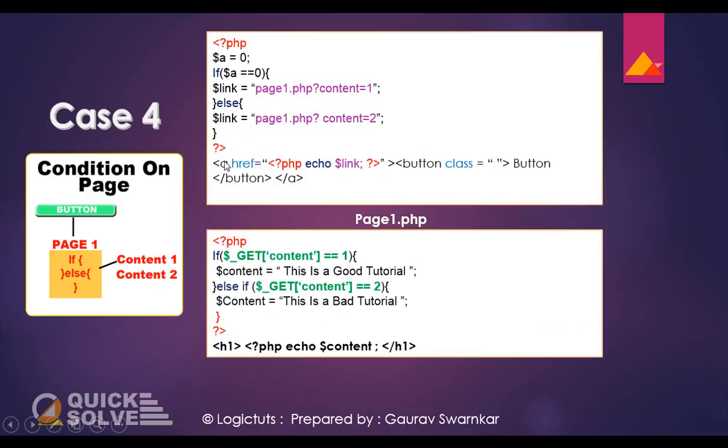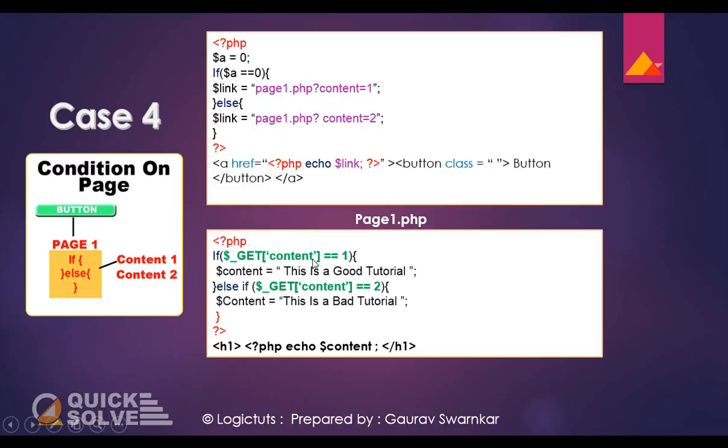Now when I click the button, as per this condition, my link is set and I'm directed to page 1. But the difference in those two URLs is the content, the variable I sent. So here I need to check what content is set. I'm using $_GET to get the value of the variable given by the GET method.